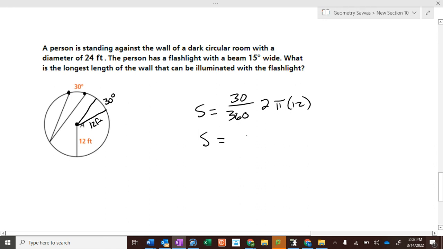So it is 6.28 feet if you do the math. That's what I got, and I didn't even use a calculator. You gonna explain your process? 30 over 360 is the same as 1 over 12. So this 12 cancels with this 12. So then it's 2 pi. 2 times 3.14 is 6.28.